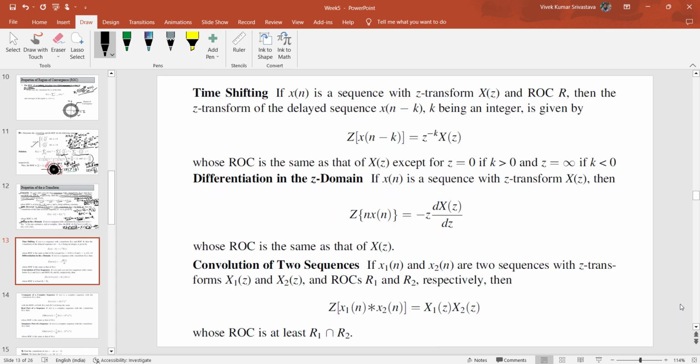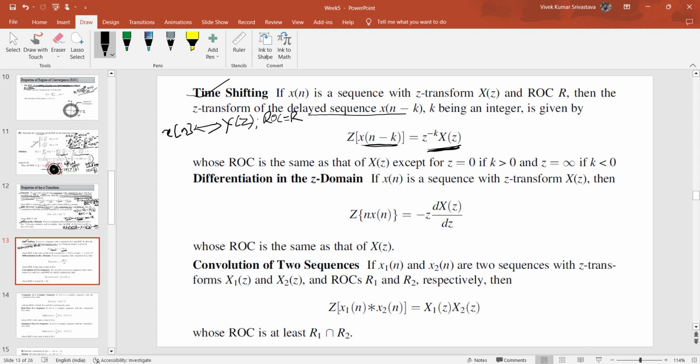Okay, so now moving ahead, the fourth property is the time shifting property. The time shifting property states that if the z transform of the signal x of n is known to you, that is X of z, and the ROC is defined as R, then for evaluating the z transform of the delayed sequence, that is x of n minus k, the corresponding z transform is defined as z raised to the power minus k into X of z.